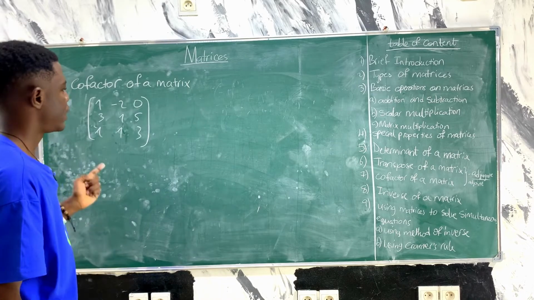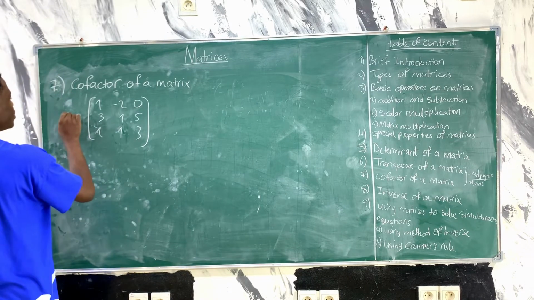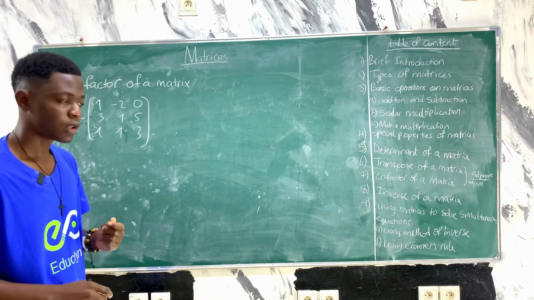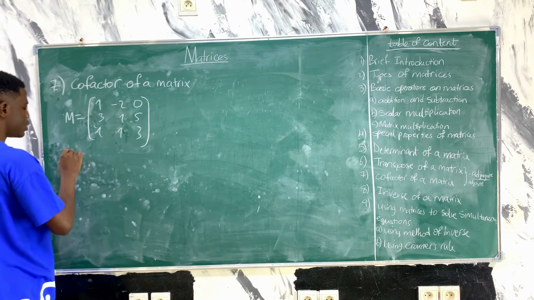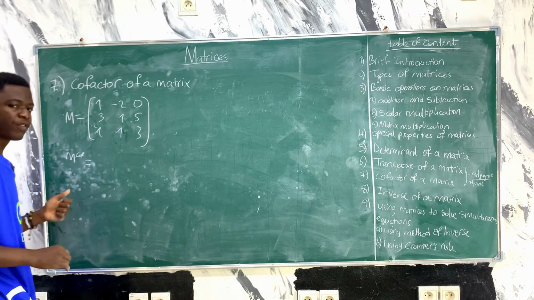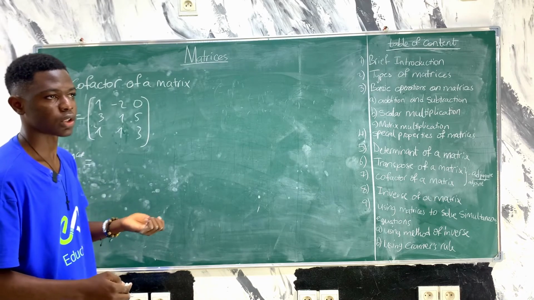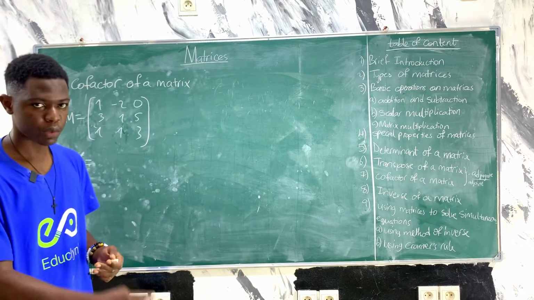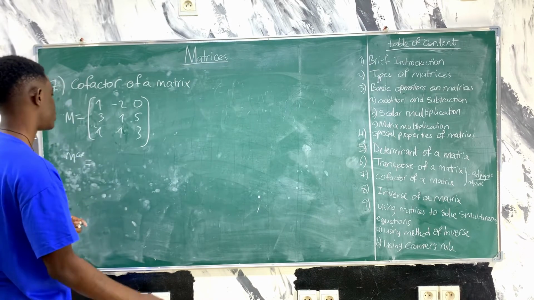Okay, let's find the cofactor of this matrix. Let's imagine we have a matrix M equal to this. If you are to find the cofactor of the matrix, it is another matrix which you call the co-matrix or the cofactor matrix.